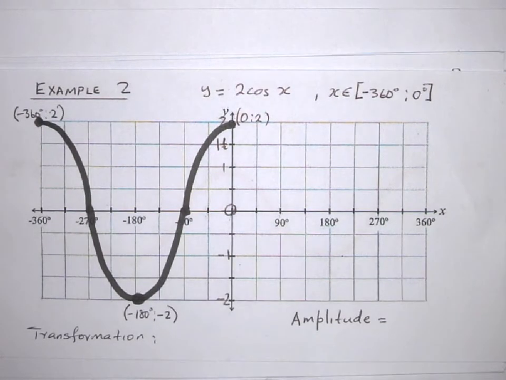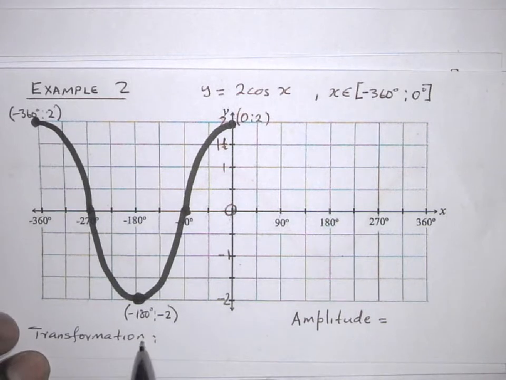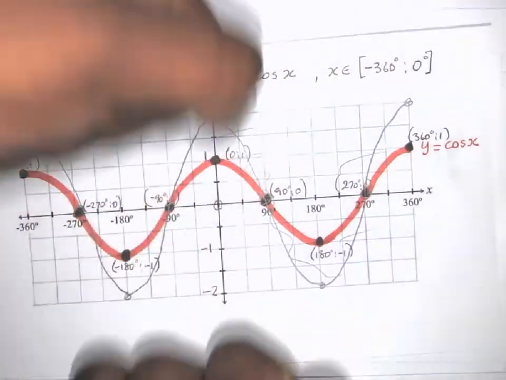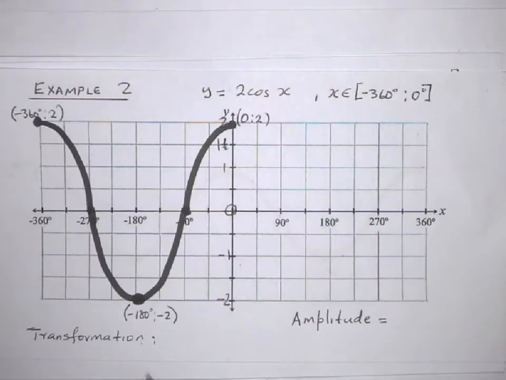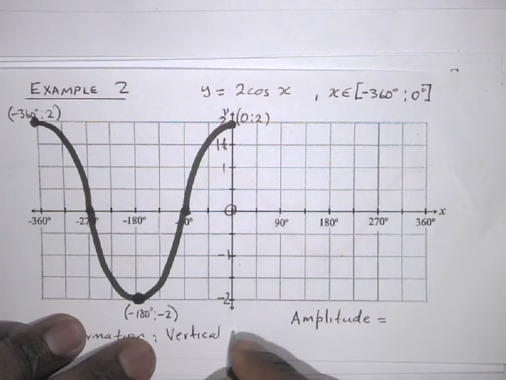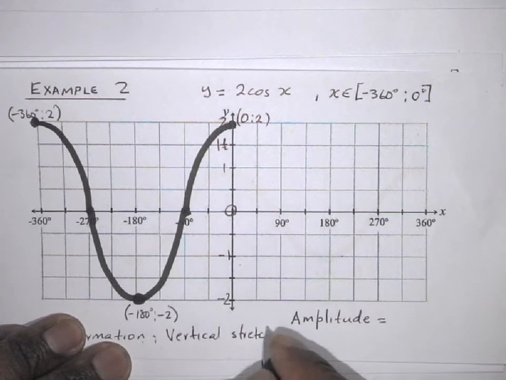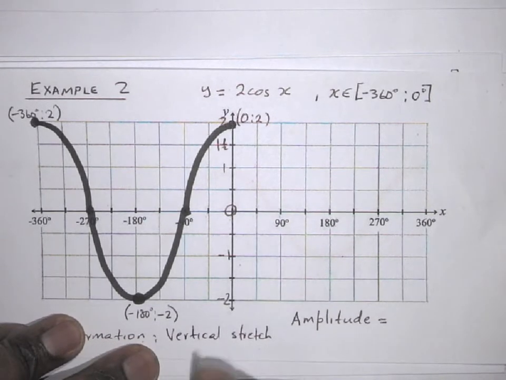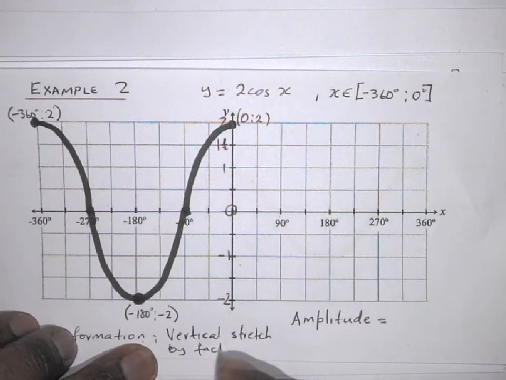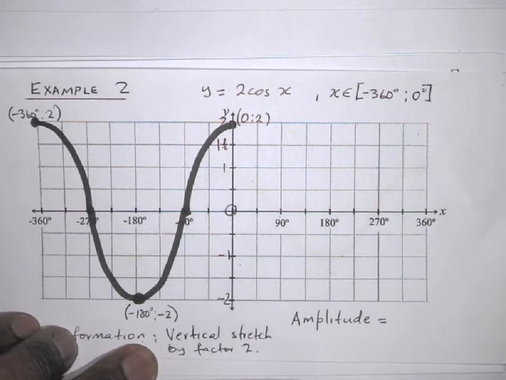So we can answer the questions. What transformation happened to the graph? If you look at the graph, it looks as if it's been stretched like this. So we call that a vertical stretch by a factor of 2.